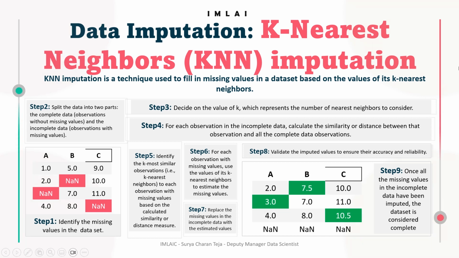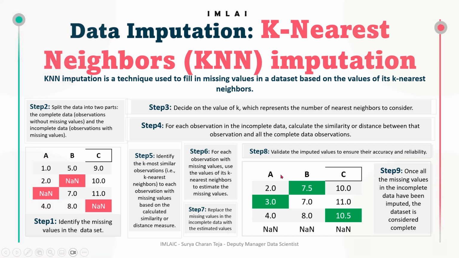And these are the values that should be replaced. Between 2 and 4, you will get 3.0 for column A, between 5 and 10, you will get 7.5 for column B, and for column C, between 10 and 11, you will get 10.5.